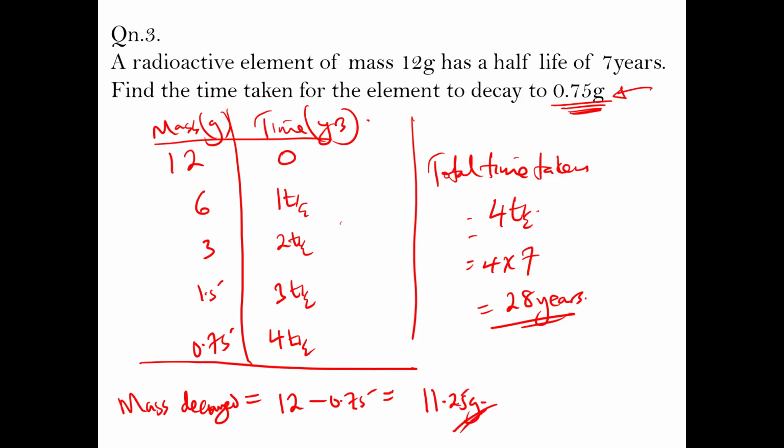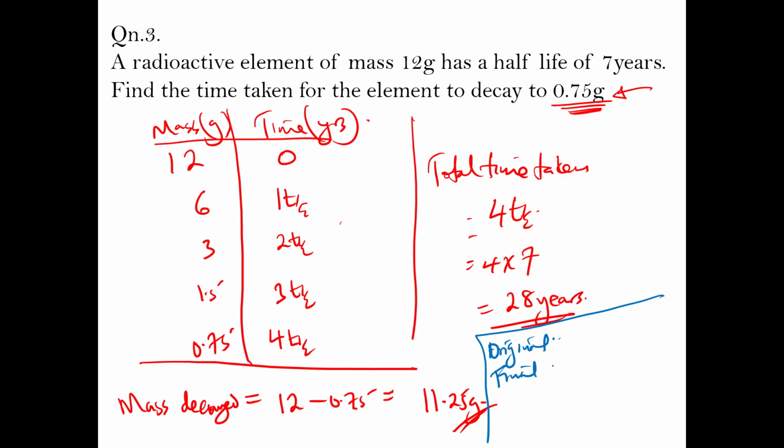That is the mass decayed. And they can also ask a question here that given that the original mass of a radioactive element is 12 grams and that 11.25 grams decayed. Given that the half-life is 7 years, find the time taken. So what we do in this case is that first of all you must be having the original and you must be having the final.